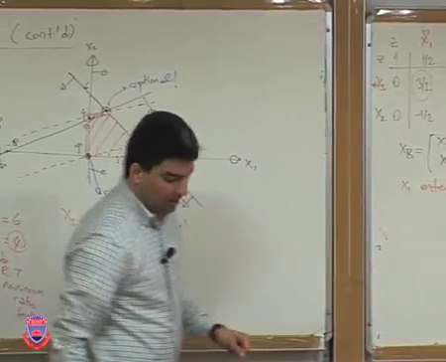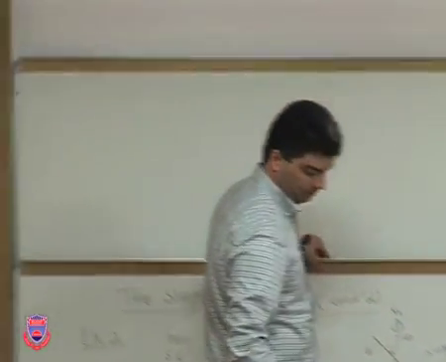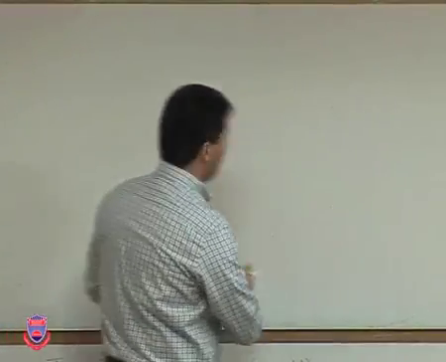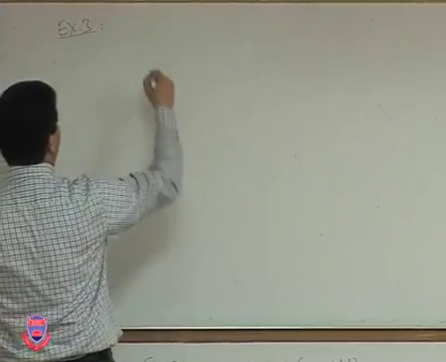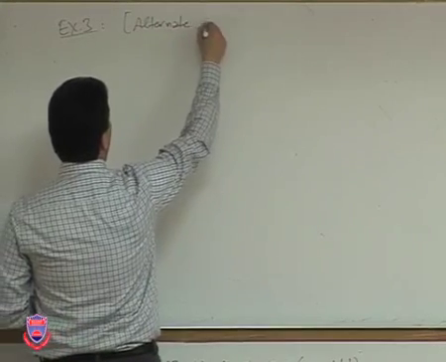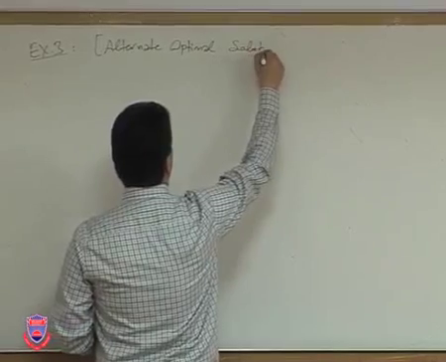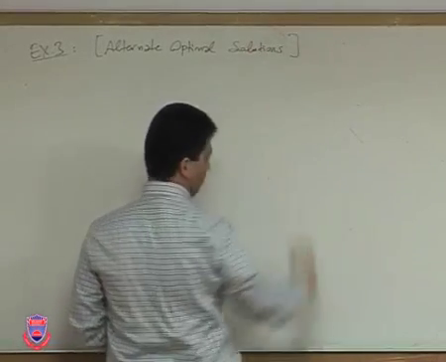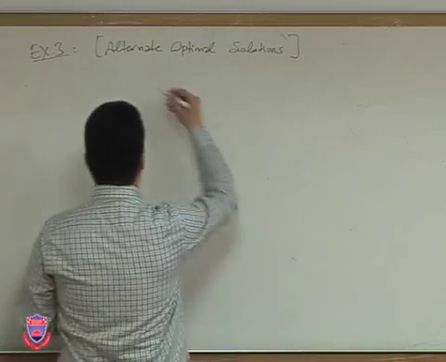All right, so let me give you one more example then. Example number 3. And this is an example that has alternate optimal solutions. So let's consider the following example.